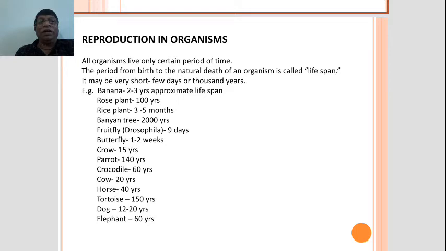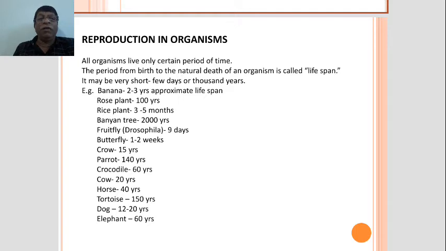Next, banyan tree. If you examine the lifespan of banyan tree, the scientific name is Ficus bengalensis. The Ficus bengalensis lives thousands of years.